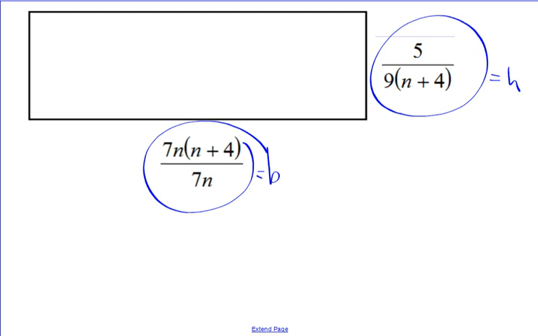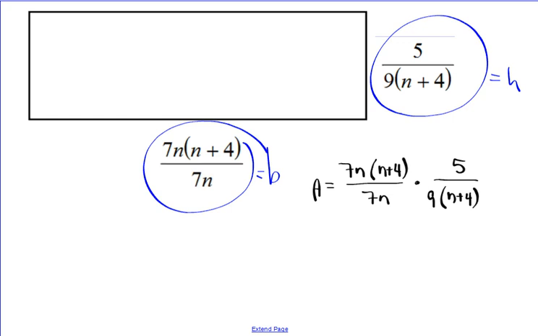So what I have is area is equal to 7n times n plus 4 over 7n times 5 over 9n plus 4. Well, let's do some simplification.